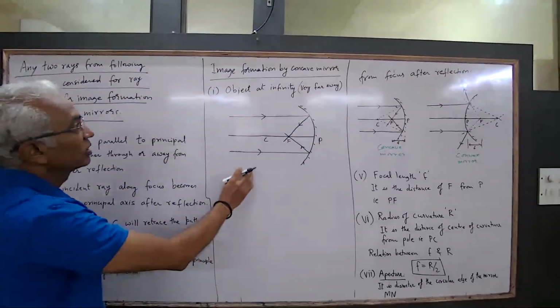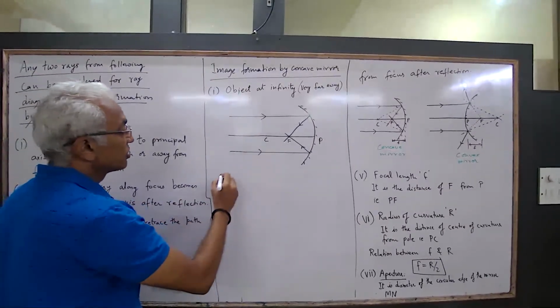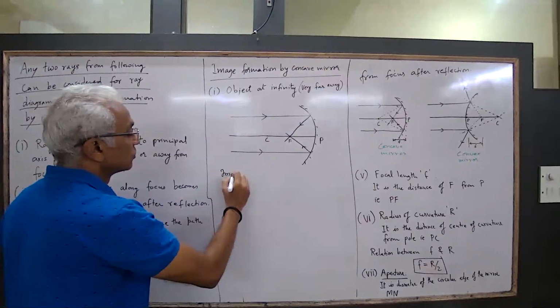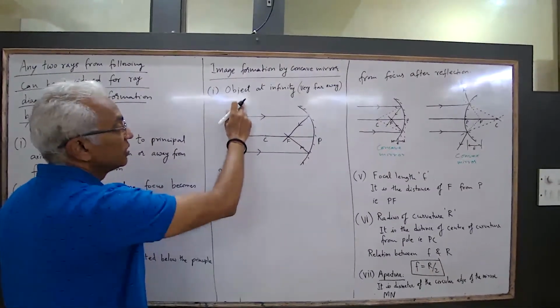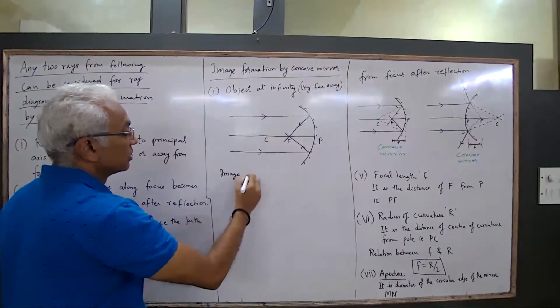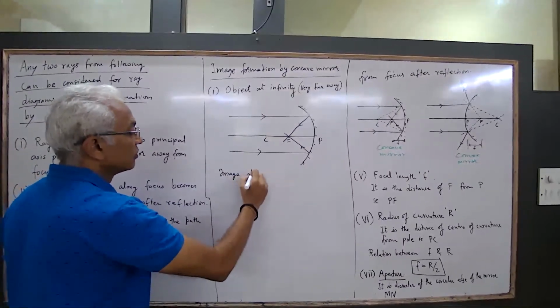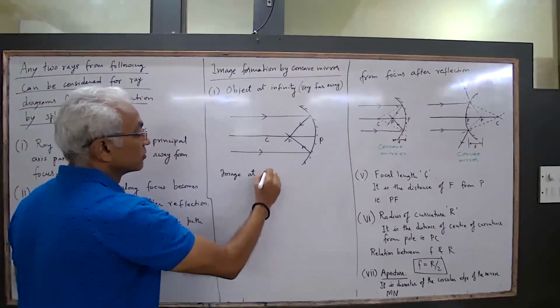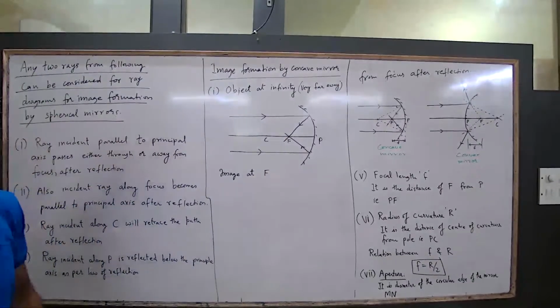अब इसमें हमको क्या लिखना है, व्हाट इज द इमेज पोजीशन. So when the object is at infinity, the image formed by concave mirror is at focus. The image at f लिखते हैं. f मतलब क्या हो गया?